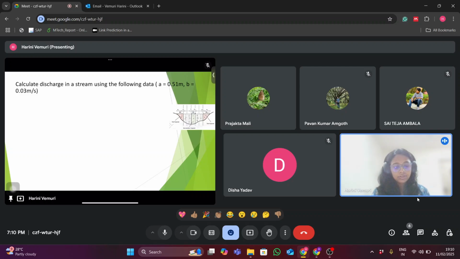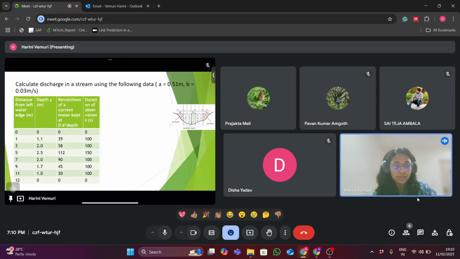Okay. So here they are asking to calculate the discharge in a stream using the following data. A equal to 0.51 and B equal to 0.03. And we can see that the distance from the left edge is given and the depth of the stream at each location along the cross section is also given, and also the revolutions of the current meter kept at 0.6 times the depth, and the duration of the observations.